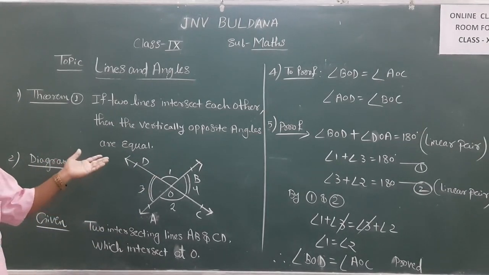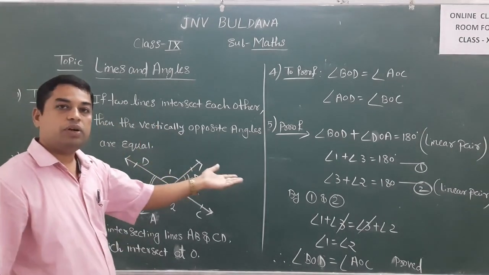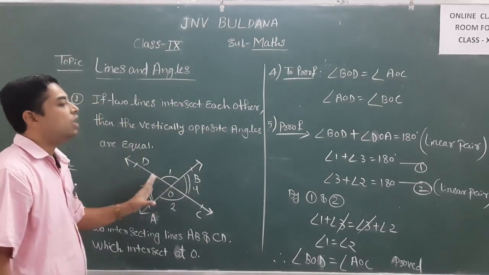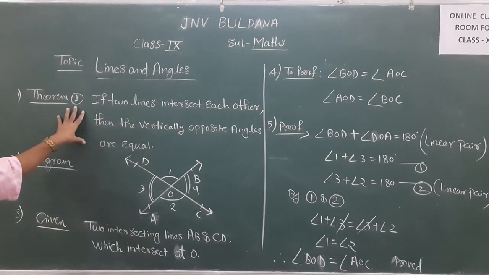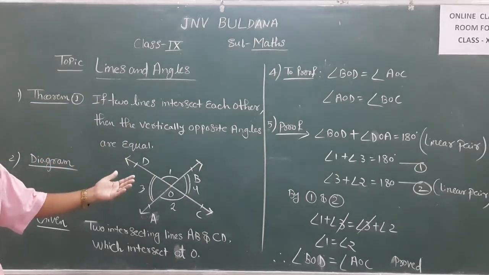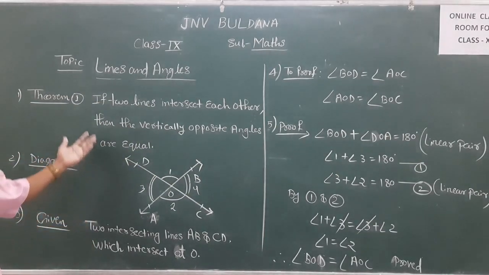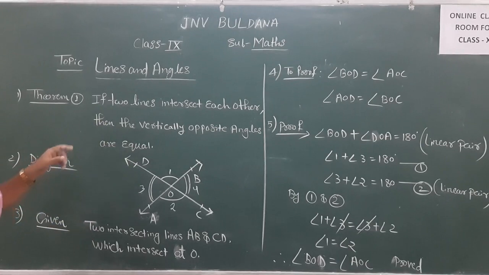Here, this statement is already proved, but again we are proving it by using our previous knowledge. So a statement which can be proved by using other mathematical facts and knowledge is called a theorem. In order to solve a theorem, we have to follow all these steps.